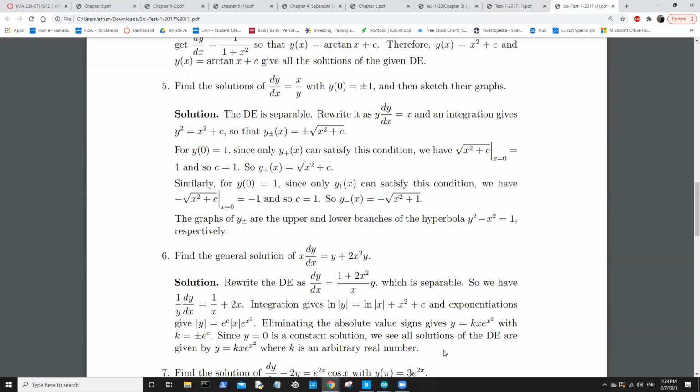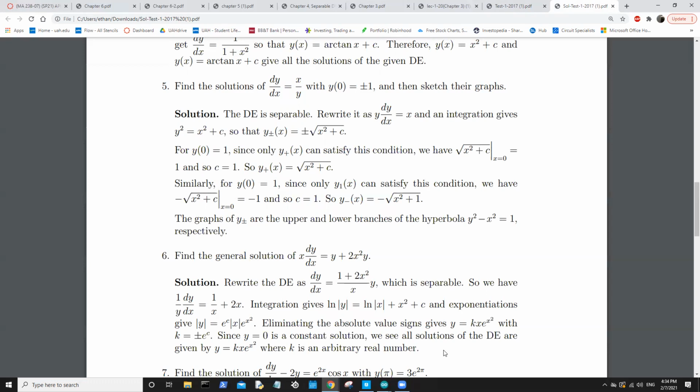If he did k is equal to e to the c, then your final solution would be y is equal to plus or minus k x e to the x squared. But then you can simplify that further by dragging the plus or minus into the definition of your arbitrary constant. And that's what he did to avoid having the plus or minus out in the front of the right-hand side.